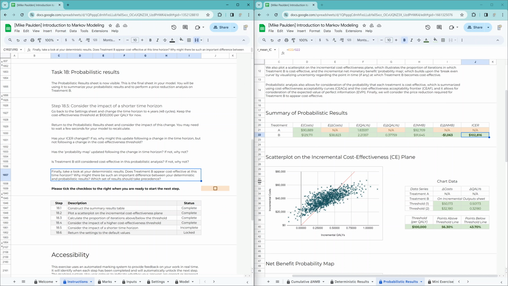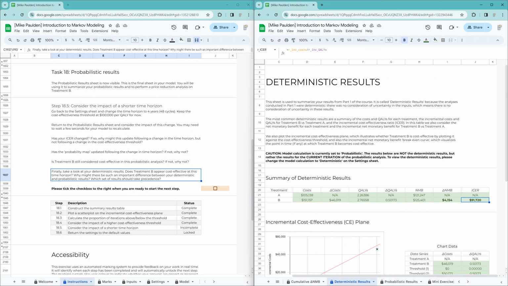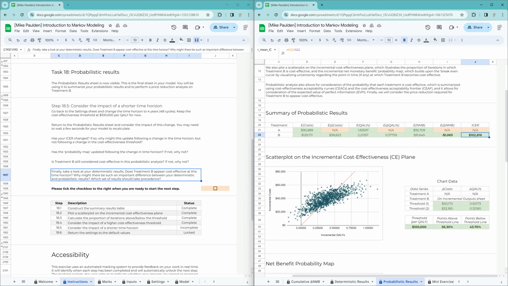Finally, take a look at your deterministic results. Does treatment B appear cost effective at this time horizon? Okay. And you can see that, yes, it does appear cost effective. The ICER is below 100,000. There is a difference, right, between what you would get in the deterministic analysis and what you get in the probabilistic analysis.